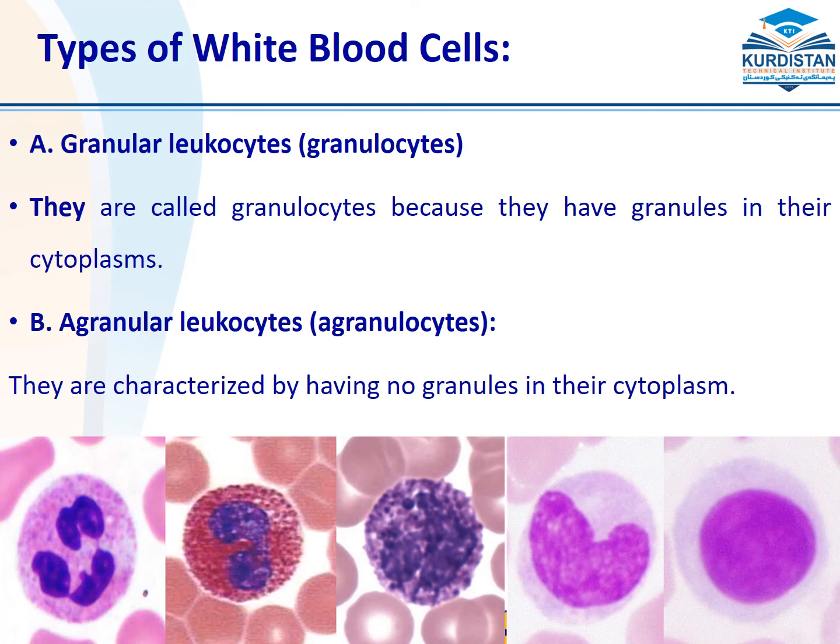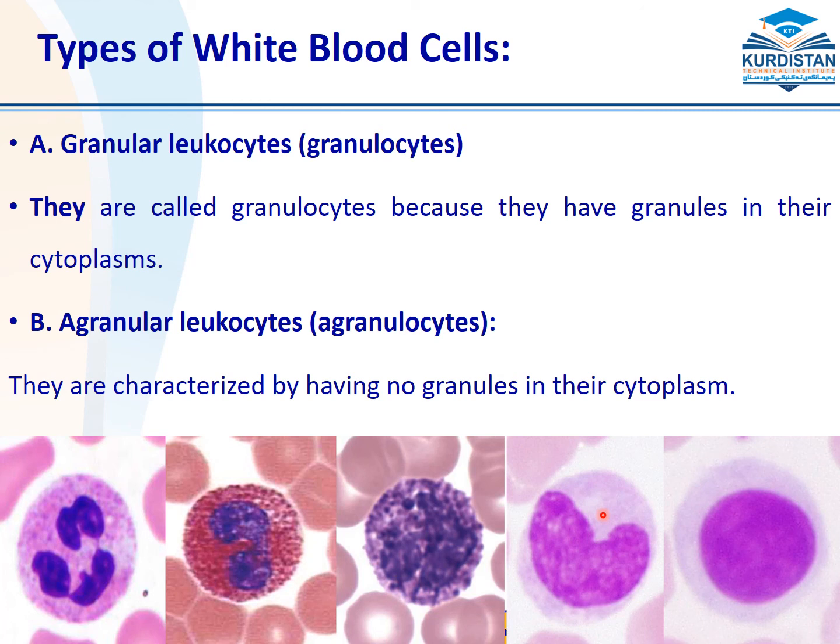But when there are no granules within the cytoplasm of the cells, or when they have a clear cytoplasm, they can be defined as agranular leukocytes or agranulocytes. Agranulocytes means they don't have any granules.